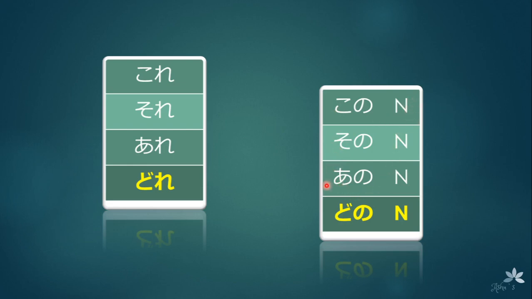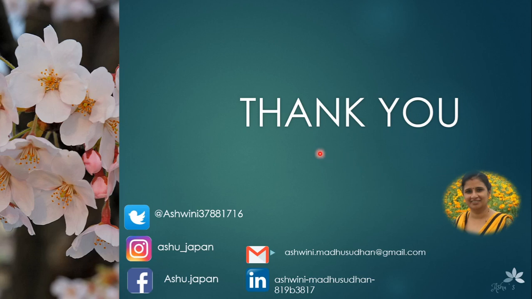The interrogative for this is dono followed with a noun. Dono, we are going to learn about this dono in the later lessons. So keep practicing kono noun, sono noun, and ano noun.